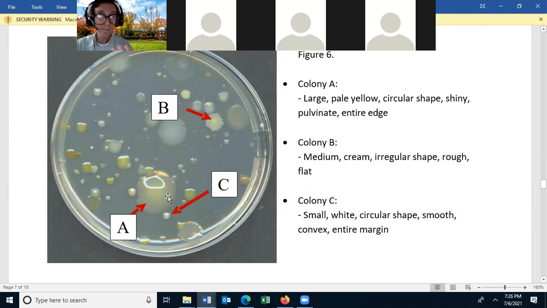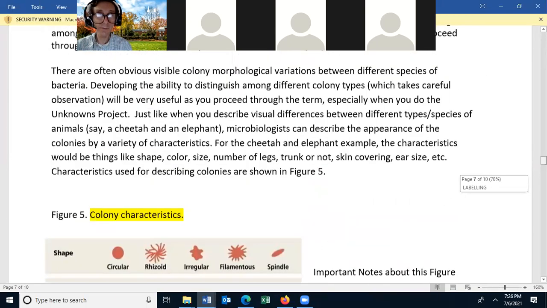Okay? Are you getting my drift? So you have to be close on your diversity. With your abundance, you also have to be close, because I'm not going to expect you to count all of the colonies here. Okay? Did I have another plate?